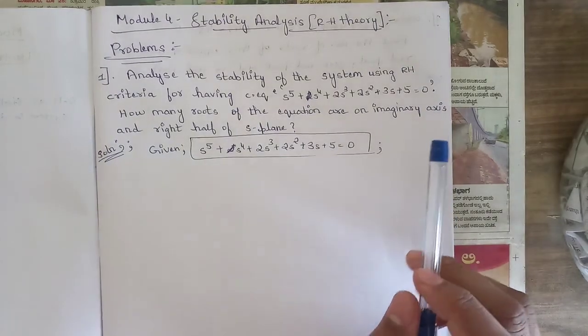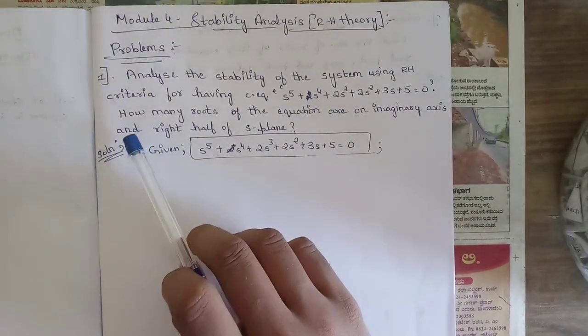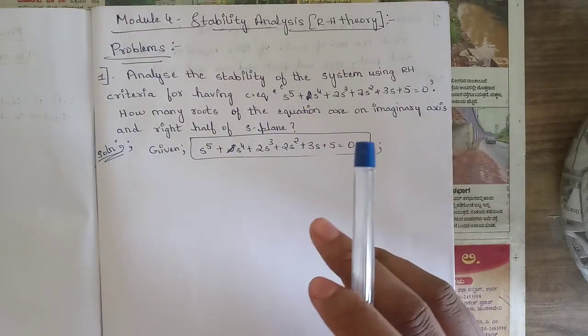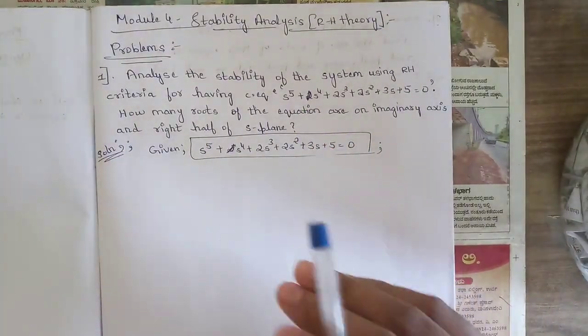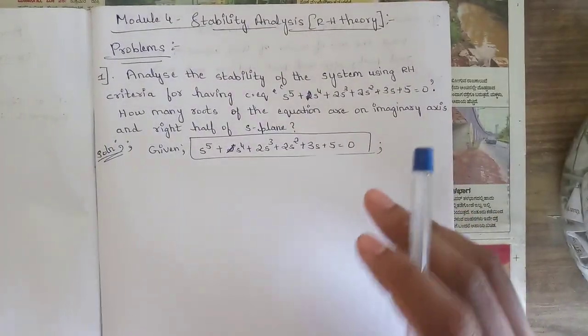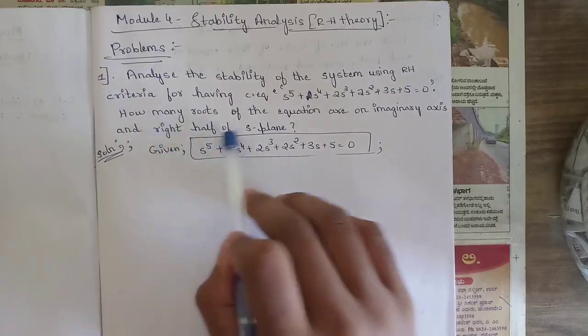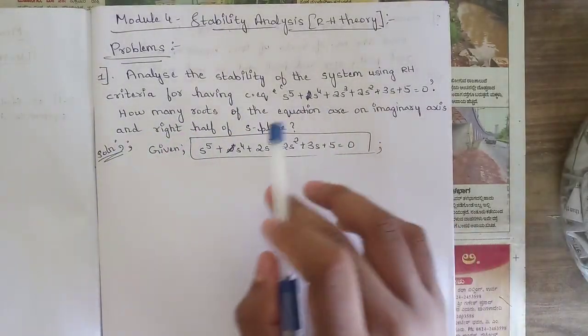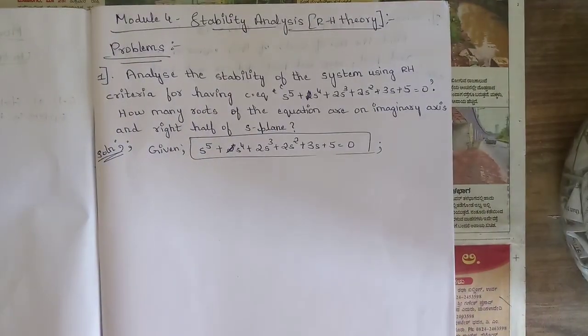If in the question they have asked how many roots are in the right half of the S plane, we know that whenever the roots are in the right half of the S plane, the system is unstable in nature, right? So if there is no root in the right half of the S plane, we can say that the system is stable. And roots on the imaginary axis mean the system should be marginally stable.